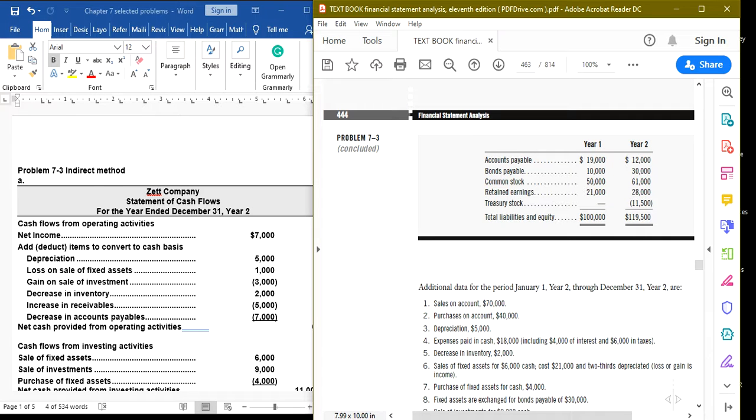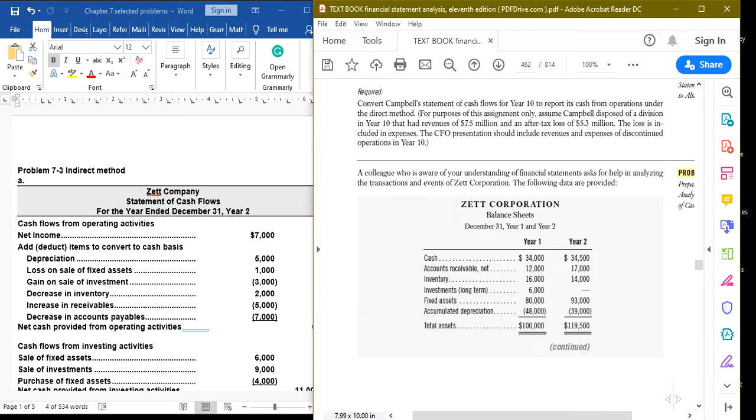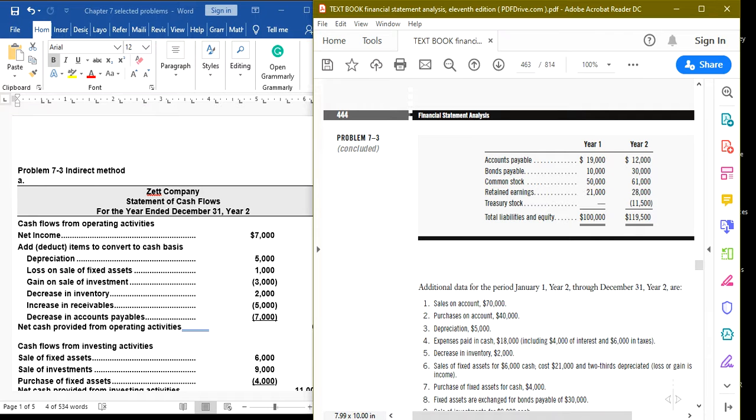Also we have the complementary part of this balance sheet, which is account payables, bond payables, common stocks, retained earnings, and treasury stocks overall here.